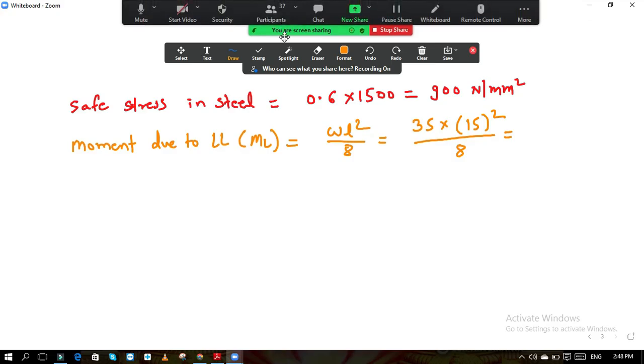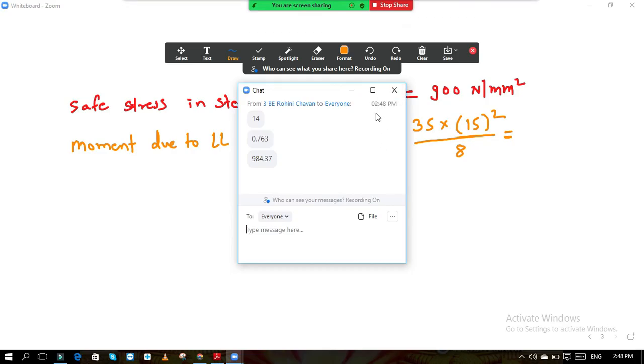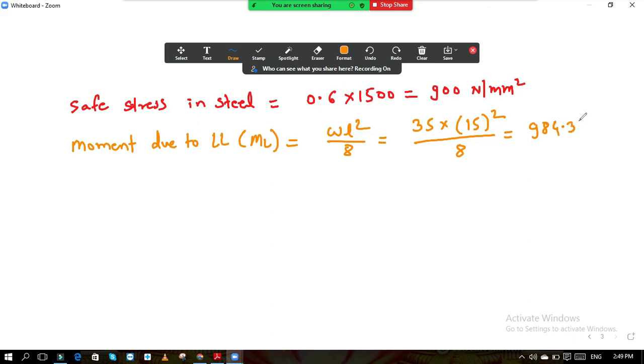Calculate it. So the answer is 984.37 kilonewton meter. This is the moment due to live load.